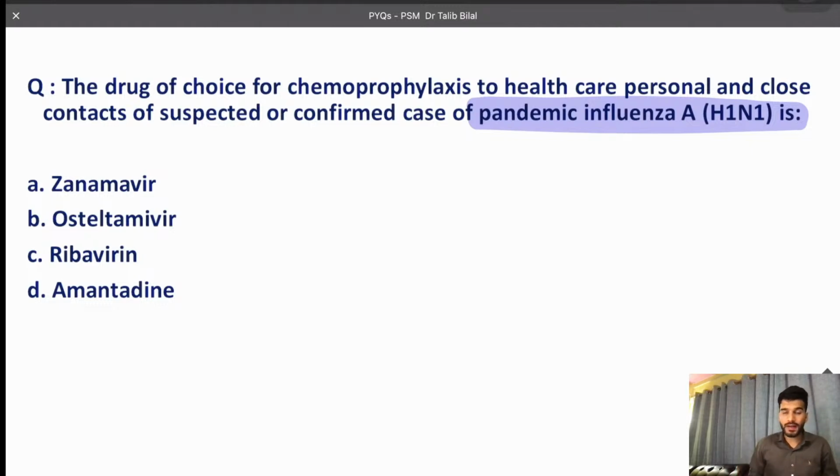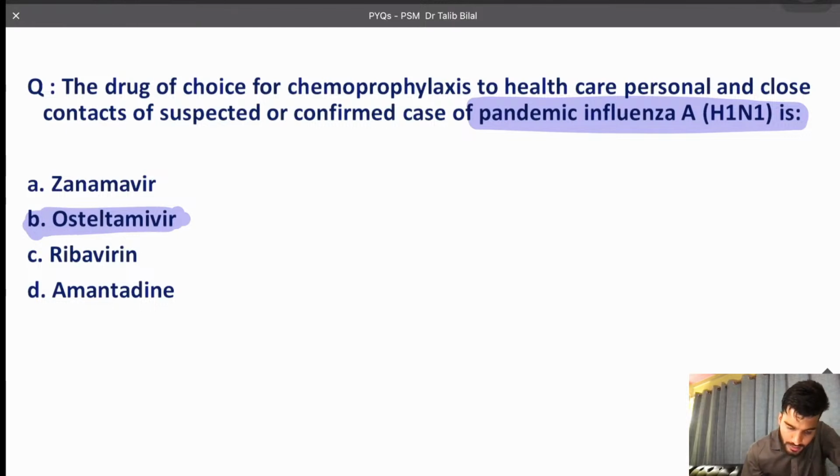Yes, very important. Ribavirin, oseltamivir, or zanamivir. Your answer is going to be oseltamivir. Very good.